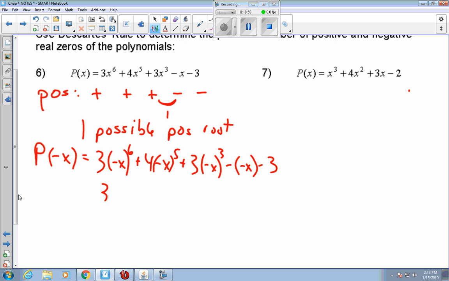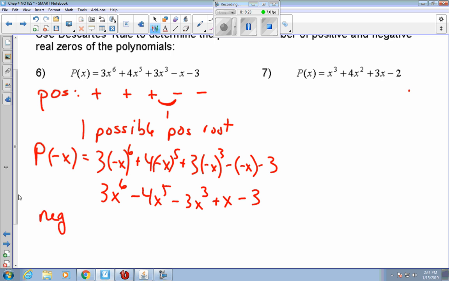So even power, this stays the same, 3x to the 6th. Odd power, negative 4x to the 5th. Odd power, negative 3x cubed. Odd power, plus x, minus 3. Does that make sense? So even stays the same, odd changes the sign.